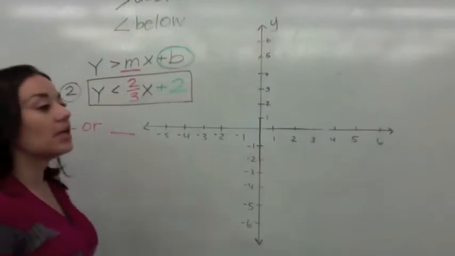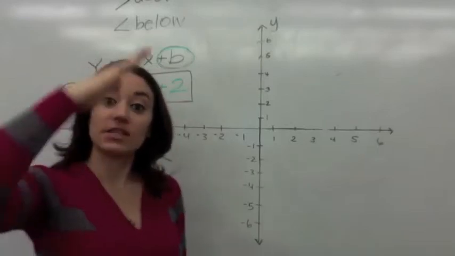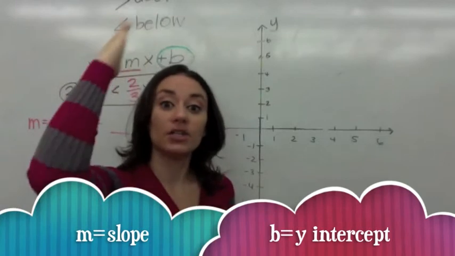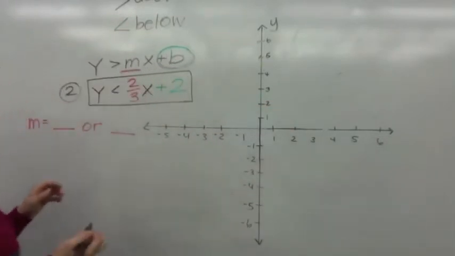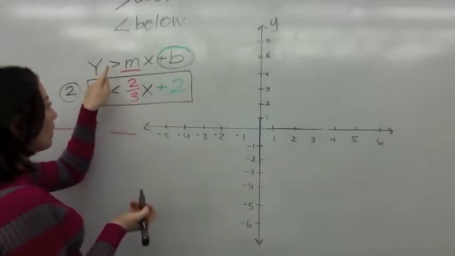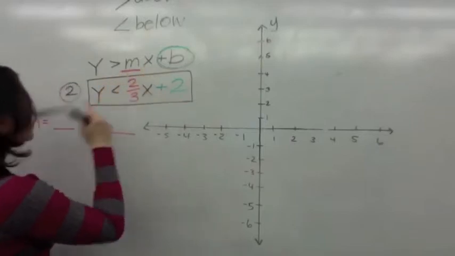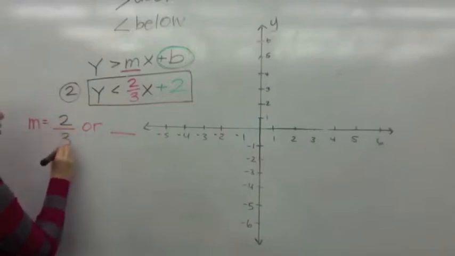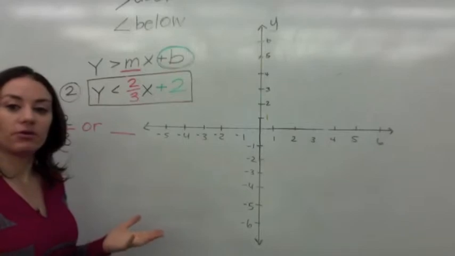So we need to identify two variables. What are we going to identify? We're going to identify the slope and the y-intercept. That's right. So we look at slope. Slope is m, in y equals mx plus b. And the slope is 2/3. Now, what makes positive?